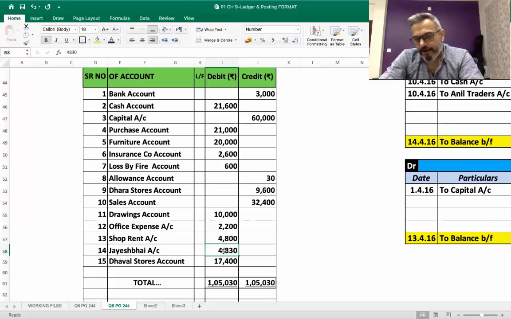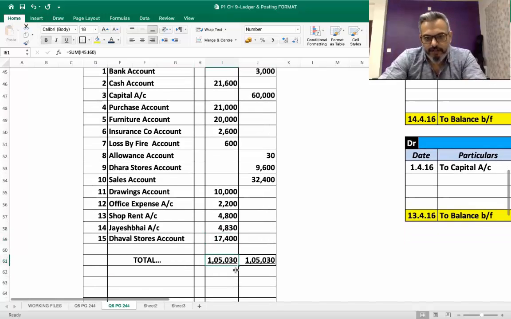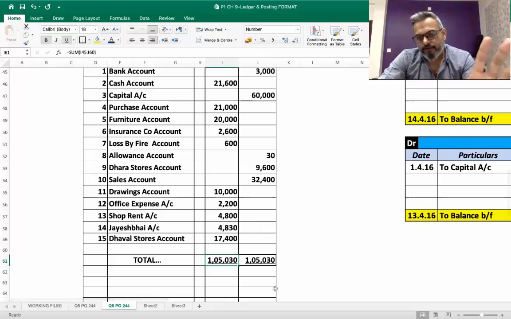Jayesh bhai is actually account settled, but as I told you, we are just doing it technically, mechanically, not logically. So here he has a debit balance, so we have a right to receive. Then Double Stores 17,400 debit means we have to receive.